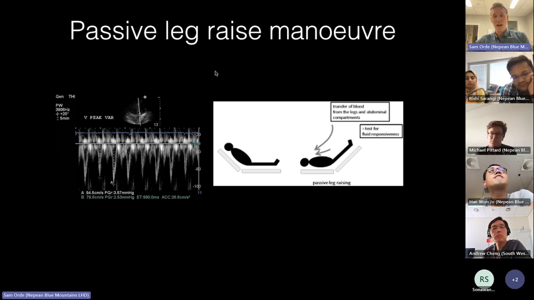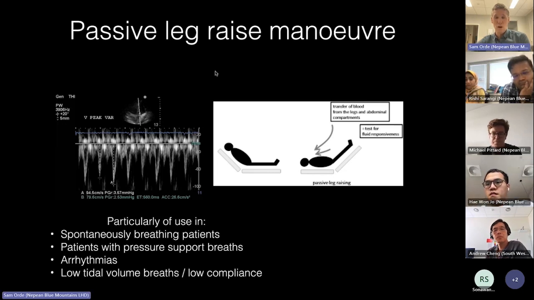And if you have a patient who's sitting up at a 45-degree angle and you lay the back of the bed down and lift their legs up to a 45-degree angle, you can deliver a transient 300 to 500 mil fluid bolus, and you can then assess some of the things that we were talking about before. You can assess your LVOT Vmax, you can assess your VTI, you can assess your IVC collapsibility, and I don't think probably the IVC would be the best, but you know, I haven't actually seen that, but maybe you could do that too. And then you look at it before and after.